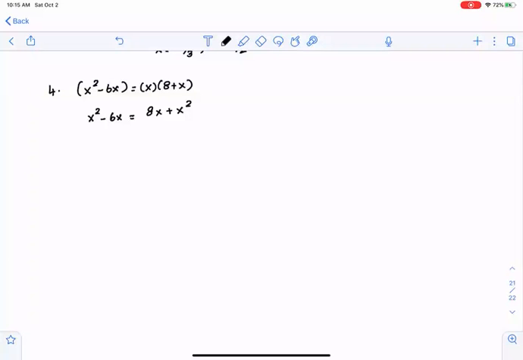Move everything to one side. So x squared minus 8x minus 6x minus x squared would be equal to 0. The x squareds will go away. We will have negative 14x equal to 0, which would imply x is equal to 0.